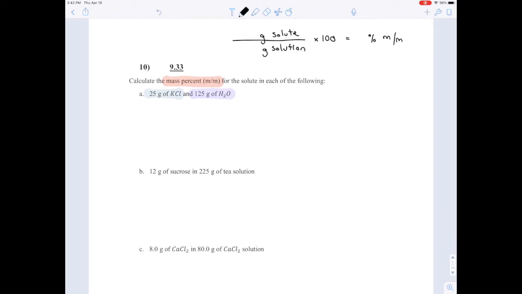Okay, so to get the grams of solution, we're going to take these 25 grams of KCl, that's our grams of solute, and we're going to add it to the 125 grams of H2O. That is our grams of solvent. So if you add those up, you get 150 grams of the mixture, which was the solution.